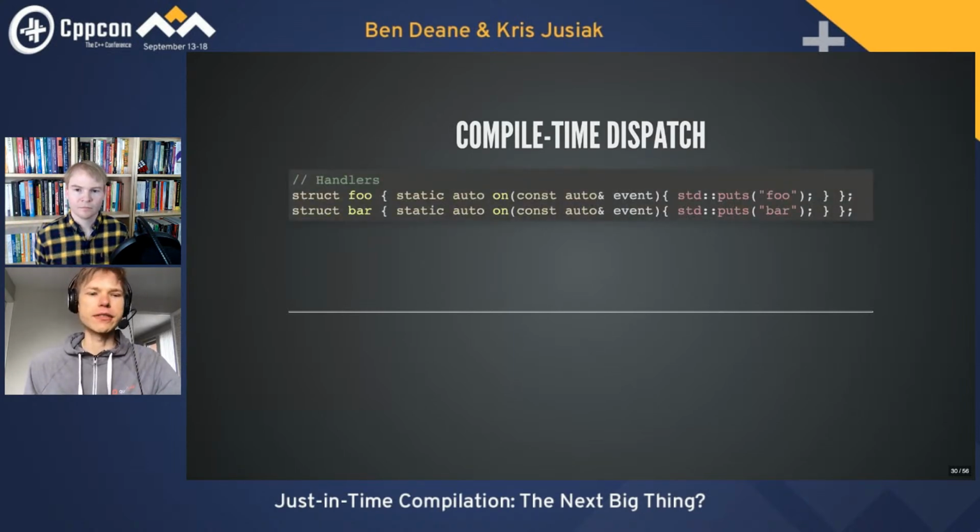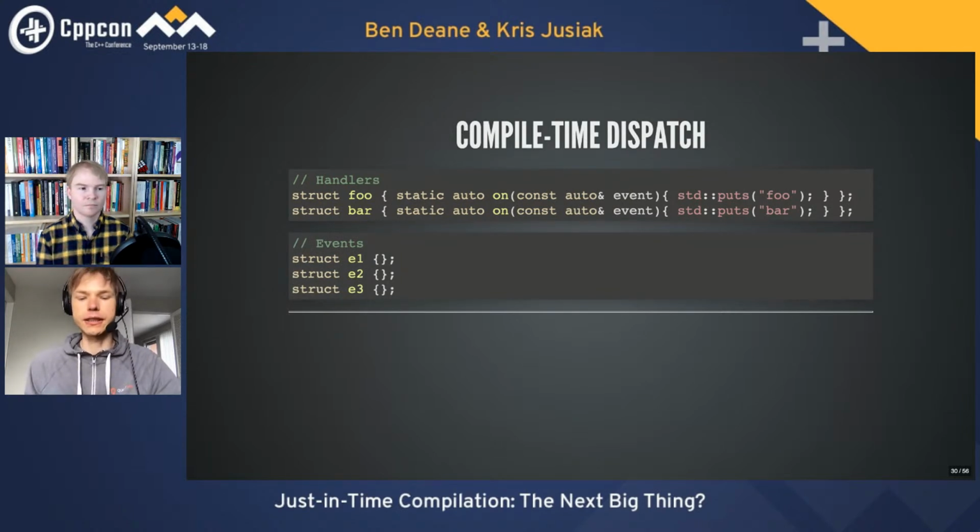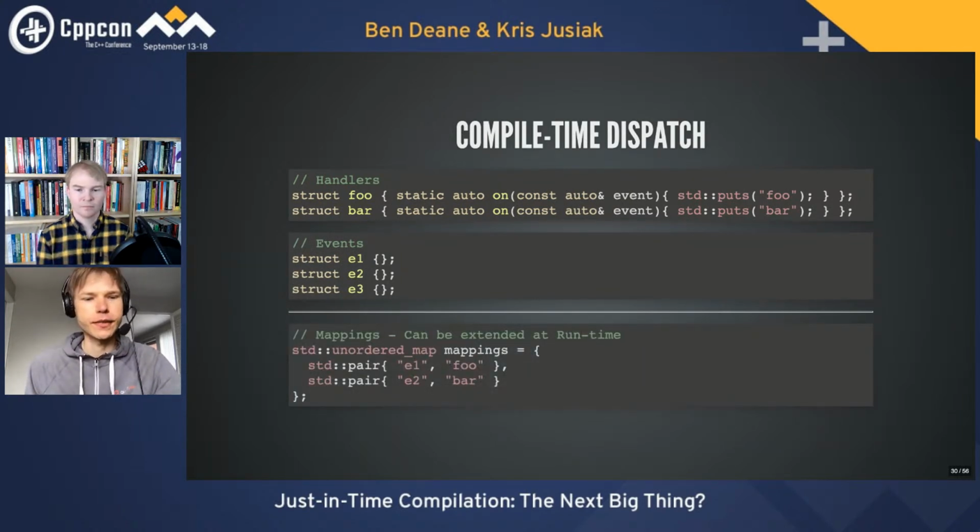So let's imagine that we have handlers called foo and bar, which just print foo and bar based on the event if they're called. And then we have three different types of events: E1, E2, and E3. And that's the exciting part. We have the mappings, which can be extended at runtime, so let's start with a map, which is the runtime version of it.